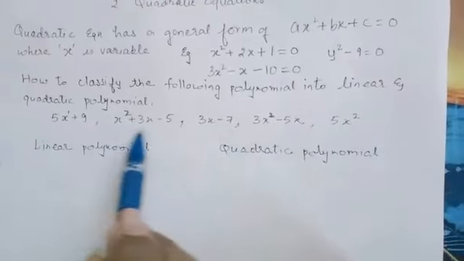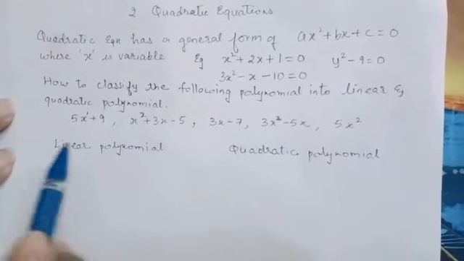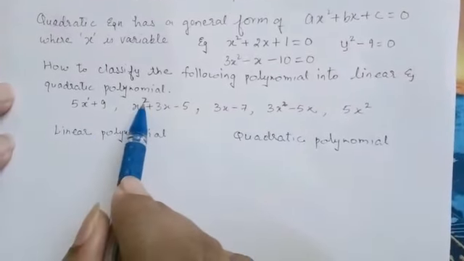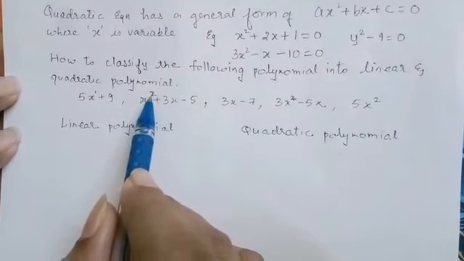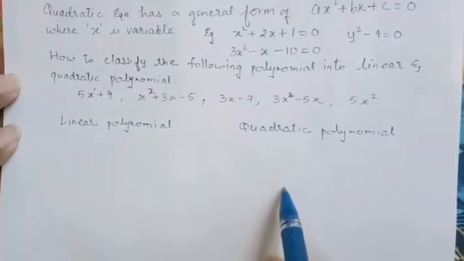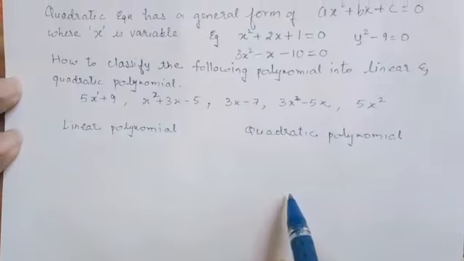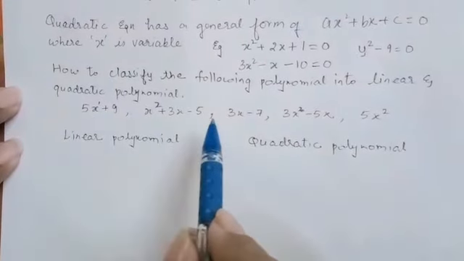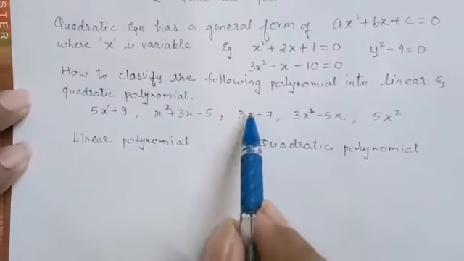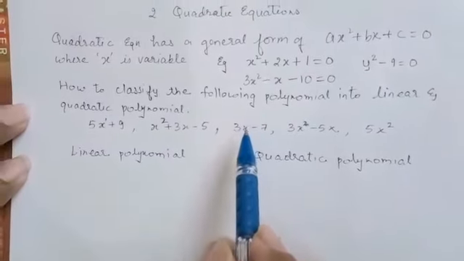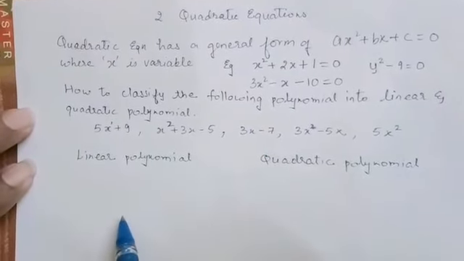Among these, those polynomials which have degree 2 as the highest power, we are going to write under quadratic polynomial. And those polynomials which have the highest power x raised to 1 or x raised to nothing, we are going to write under linear polynomial.